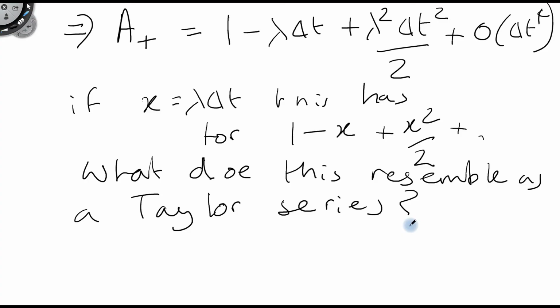This looks like a Taylor series for something else. What is it? So you've got 1. If you're struggling, think of what 1 plus x plus x squared on 2 plus x cubed on 3 factorial is the expansion for, and then change it. I'll just pause a minute whilst you have a think about that.